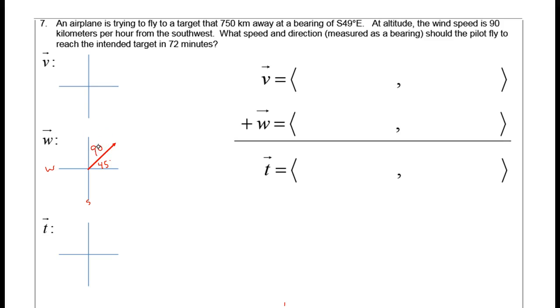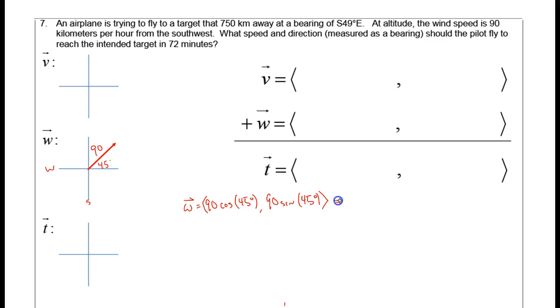So we can pretty easily get the wind vector as 90 times the cosine of 45 degrees and 90 times the sine of 45 degrees.